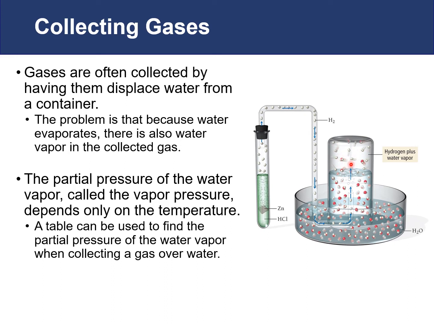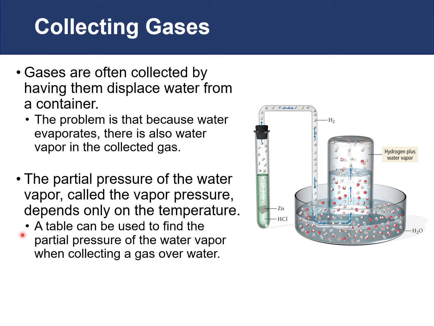So the vapor pressure depends only on the temperature, right? It doesn't matter whether we're trapping hydrogen gas, oxygen gas, helium gas, it doesn't matter. The partial pressure of the water that's going to be above the surface of the water is going to be a constant value. And that value, the partial pressure, is called the vapor pressure.